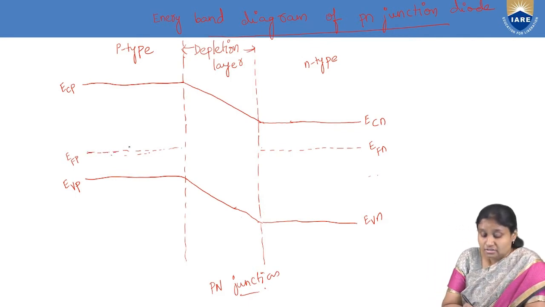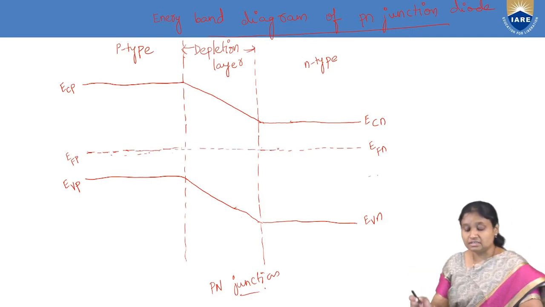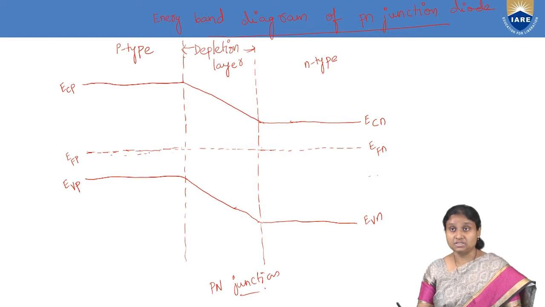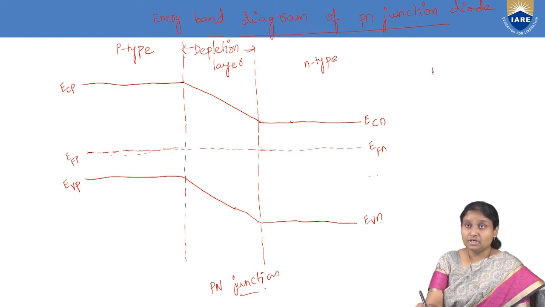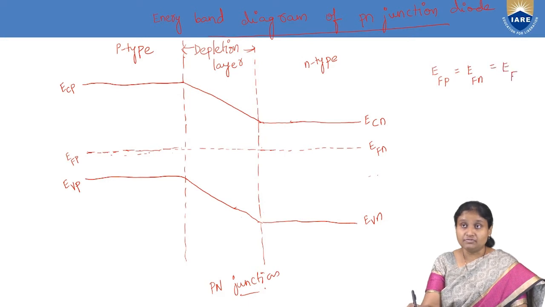Now see here. When we talk about the Fermi level in this PN junction, as you can see, it is uniform toward the PN junction. One thing we have to understand is that in a PN junction, the Fermi level in the p-type semiconductor is equal to the Fermi level in the n-type semiconductor. Simply we can take it as EF.